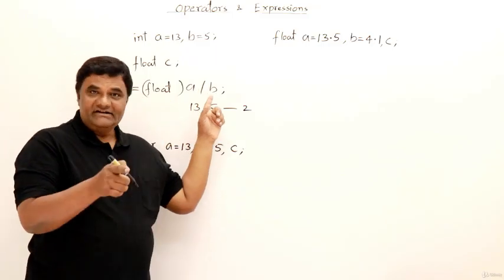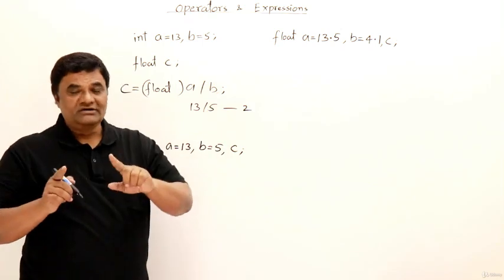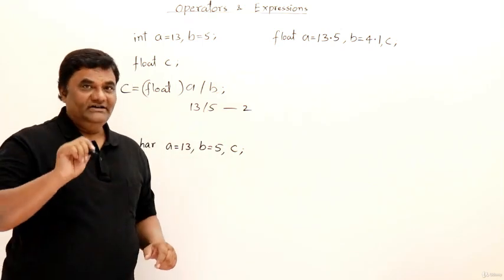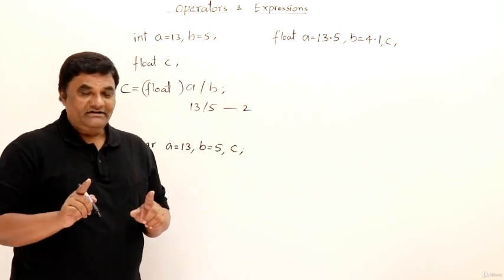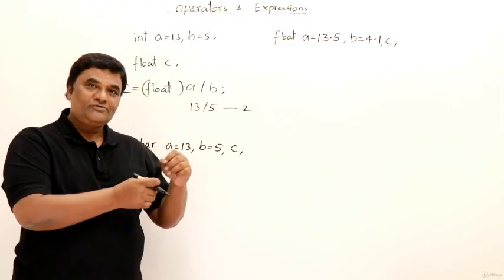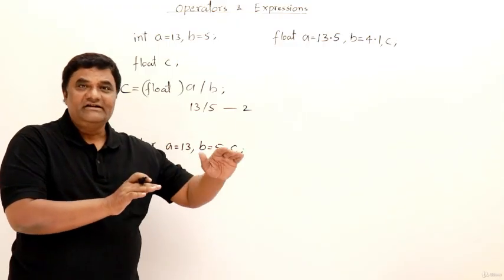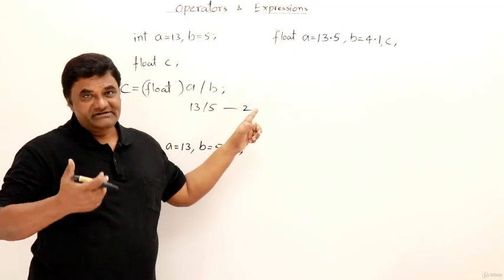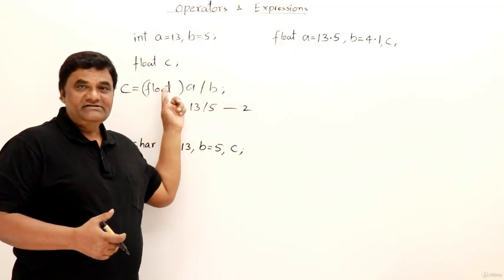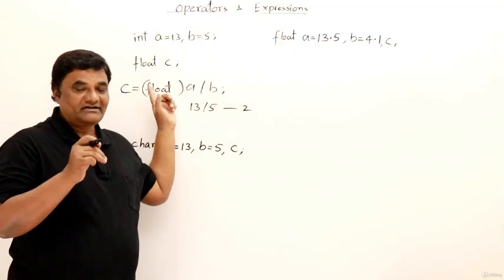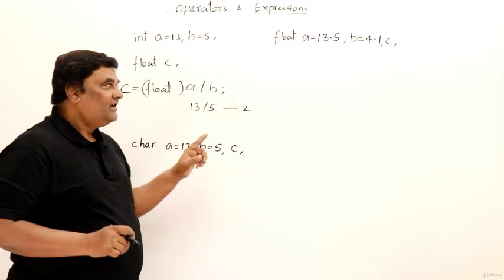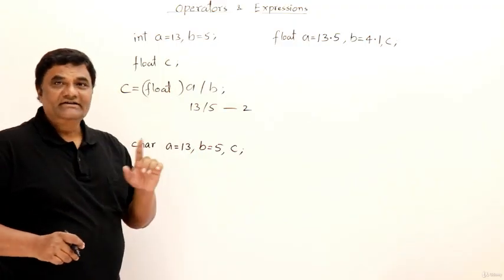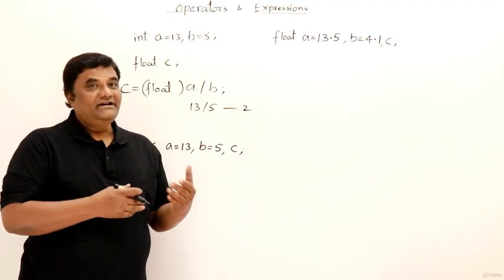Here the result will be integer, but we are converting into float at the time of division only, right? Because the result we are getting is 2.6, and imagine it is truncated and it is giving us 2. But we said that no, we want 2.6 only. So write typecasting here, you get the actual result, that is 2.6. So this is how we can get the float result from integer division.